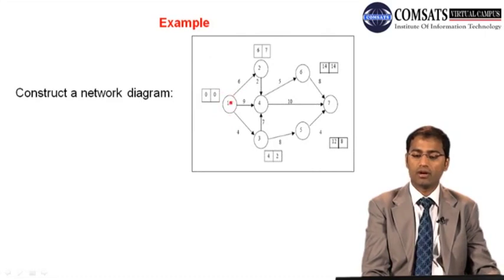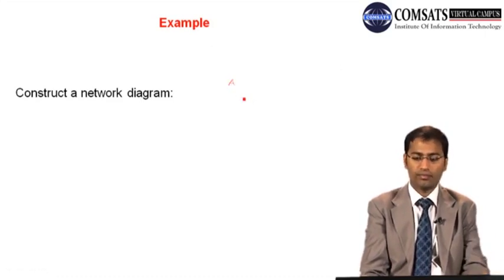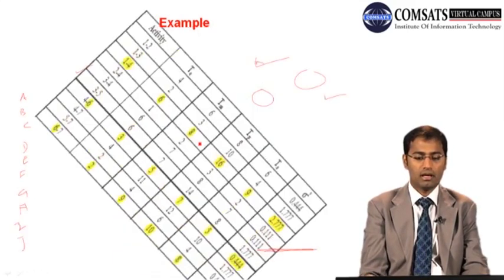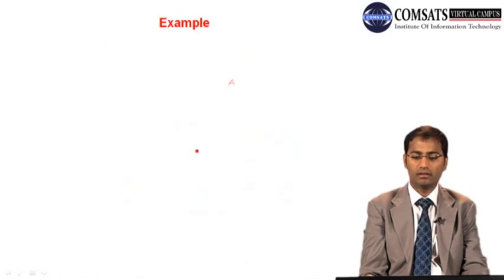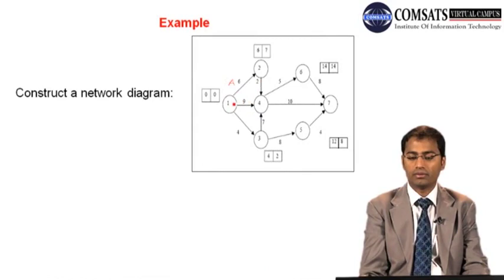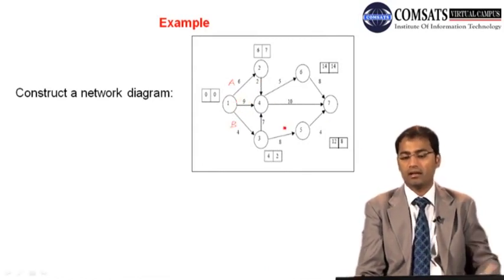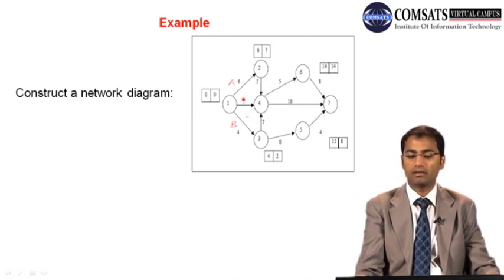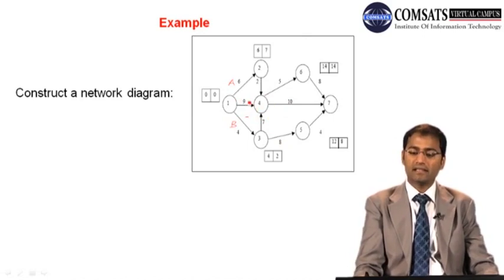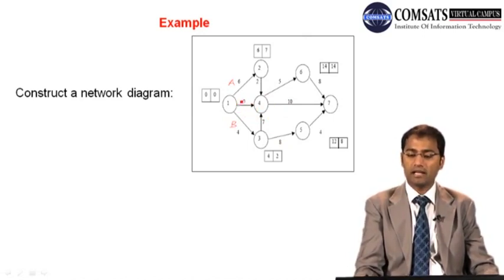Okay, so 1-2 is A, then 1-3 is B, and this is C. Similarly, we can add all the numbers and identifiers of activities. Okay, so let's see which path is the critical path.